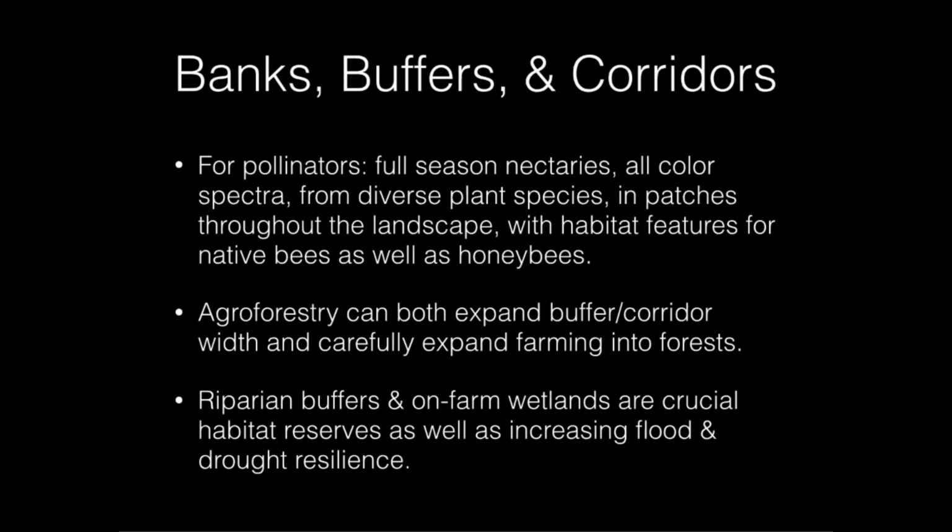And so without bees and certain pollinators, human life cannot exist. So these things are not just nice things to do to protect pollinators, they're practices that are incredibly important for all life on the planet.